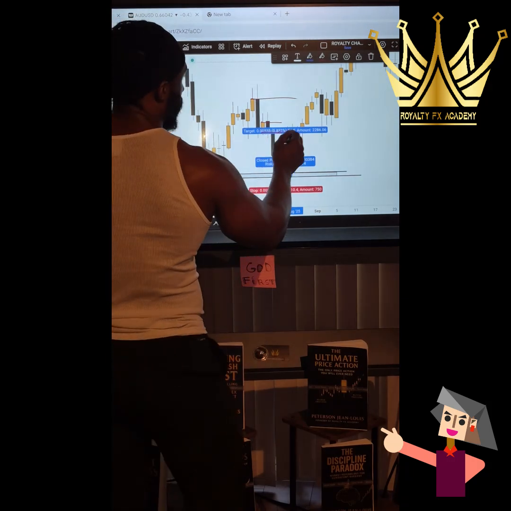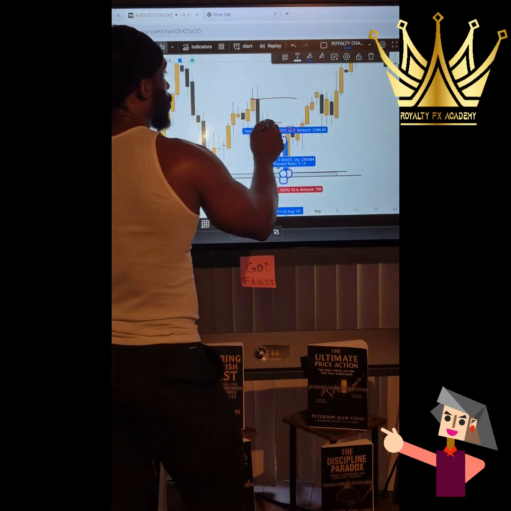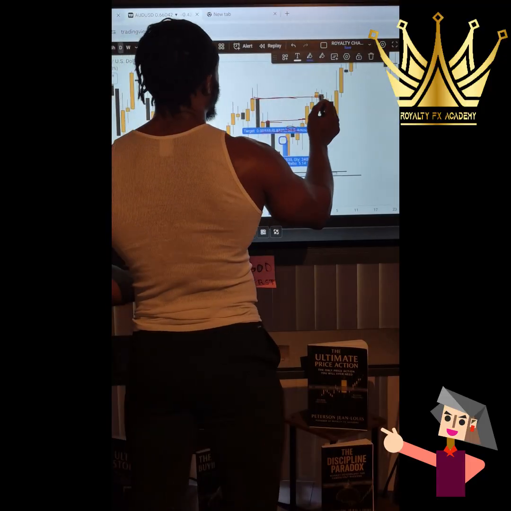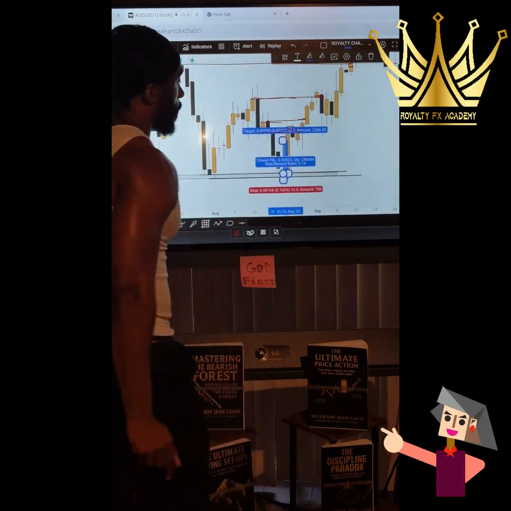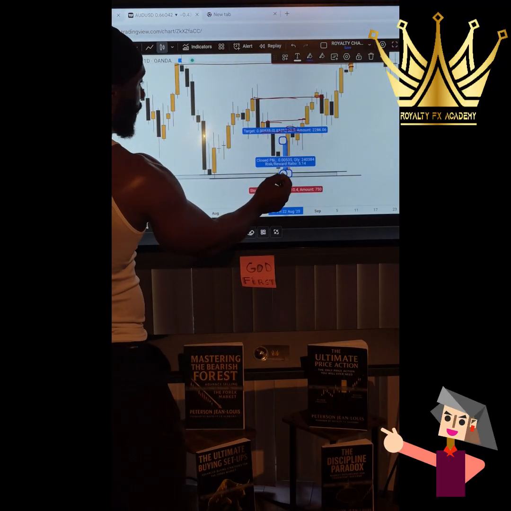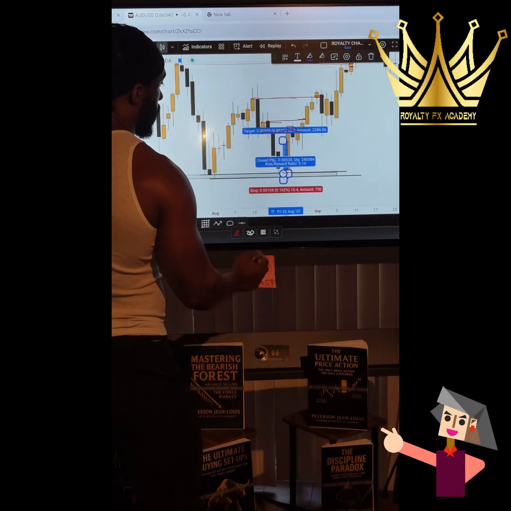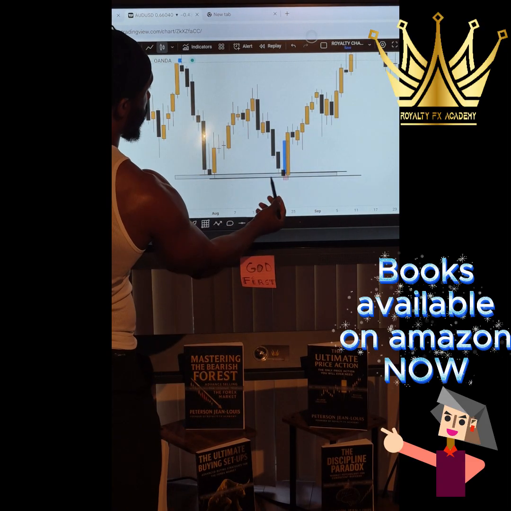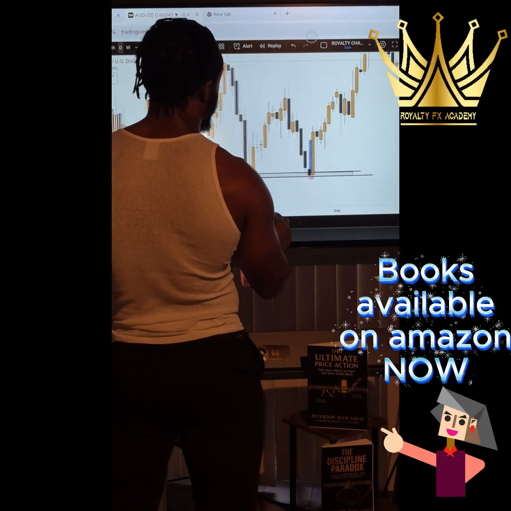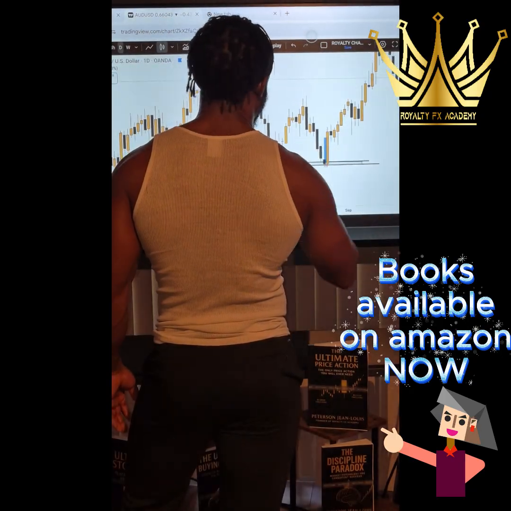So TP1 smash, 2 smash, 3, and then of course peak high up here, smash. Very simple. Entry literally at the very bottom. You know what I mean? Look at that. The entry at the very, very bottom. So let's go ahead and collapse this a little bit so you can see how it would have looked like.